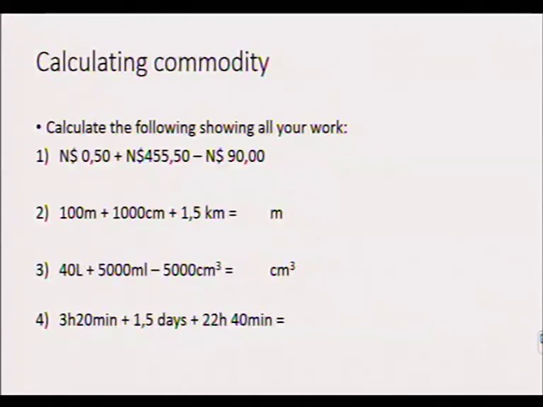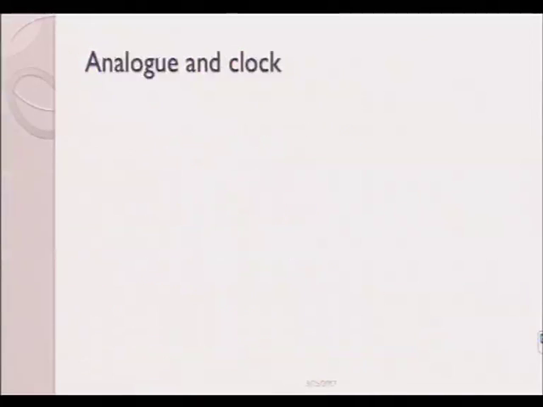It will be 24 hours, and a half, that means 24 plus 12 hours. And then the other one will be 22 hours. So you first add all the hours together, and then you go over to the minutes. You add 20 minutes plus the 40 minutes, and then you get your final answer.